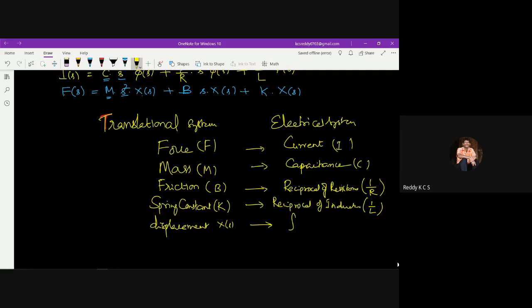Then this is the flux, which is represented as phi of s.